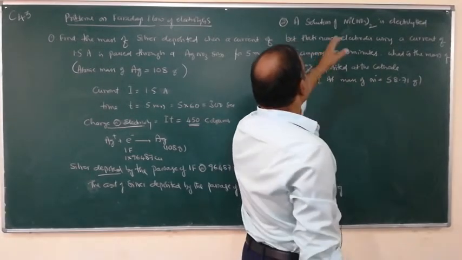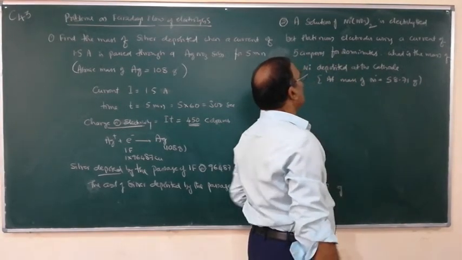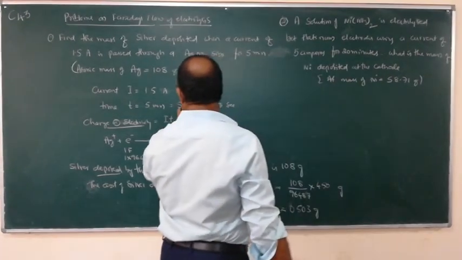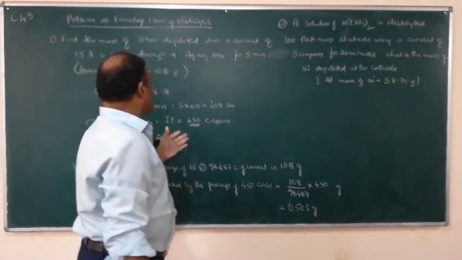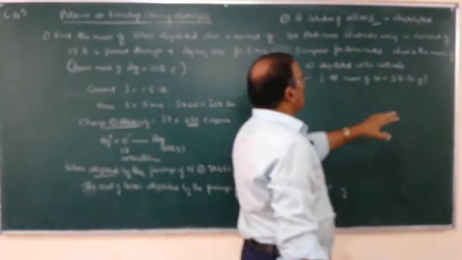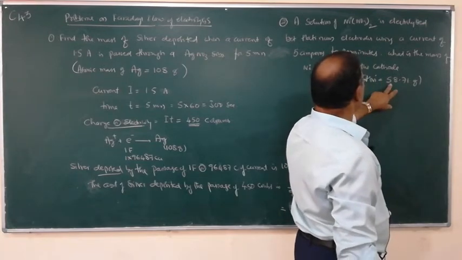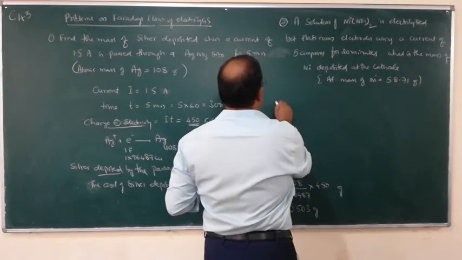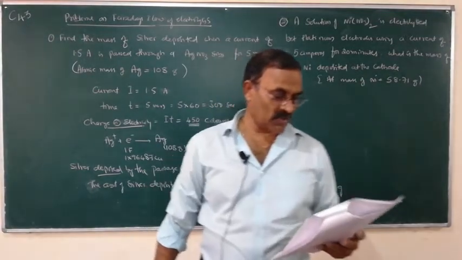So nickel reaction, you have to write Ni2+ plus 2 electrons gives Ni. So you have to calculate the amount of current passed. So charge or electricity passed is equal to IT. So for passing 2 Faraday of electricity, this much of nickel is deposited. So for the amount of electricity passed, you will calculate, then you will note the amount of nickel deposited.